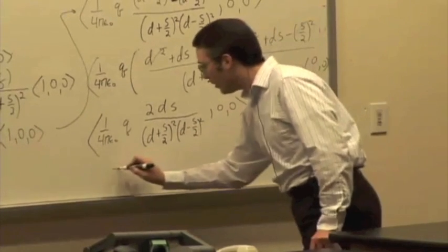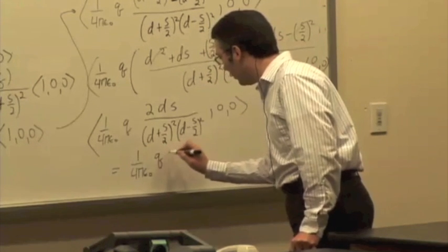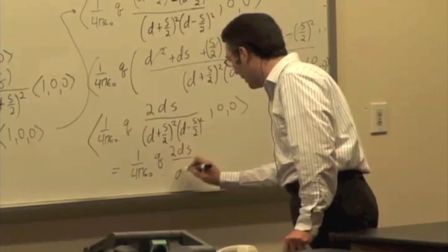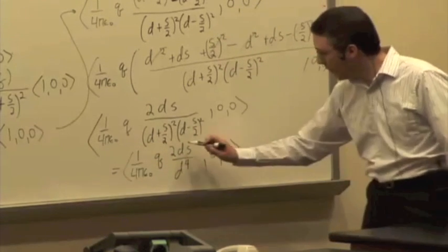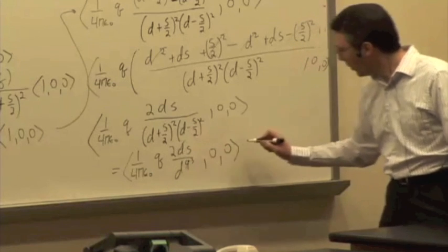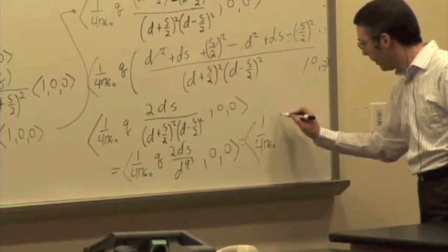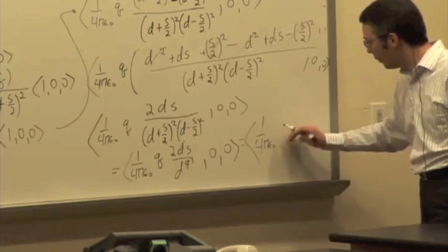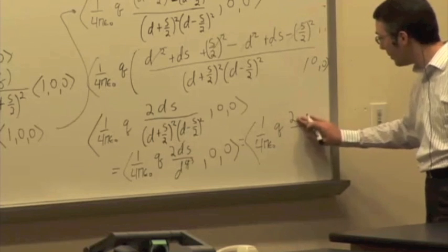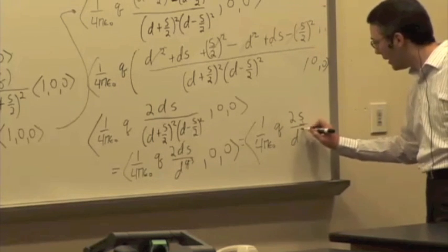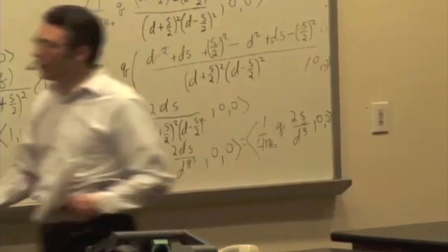Okay, so this comes down to 1 over 4 pi epsilon 0 q times 2 ds over d to the 4th, and then a factor of d cancels top and bottom. So we end up with 1 over 4 pi epsilon 0 q times 2 times s over d to the 3rd, 0, 0. Okay, so let me rewrite just the final result.